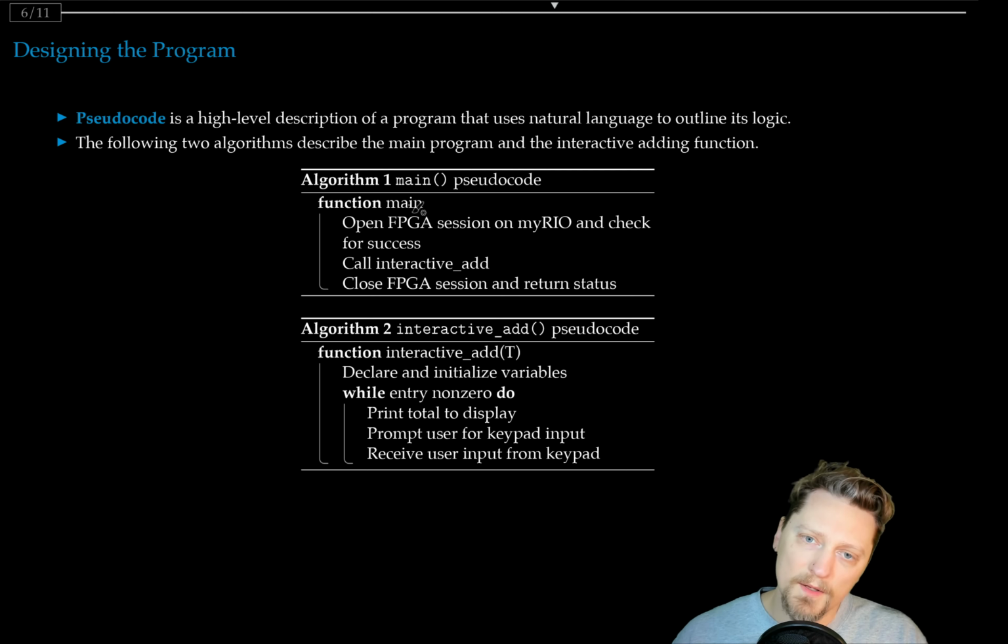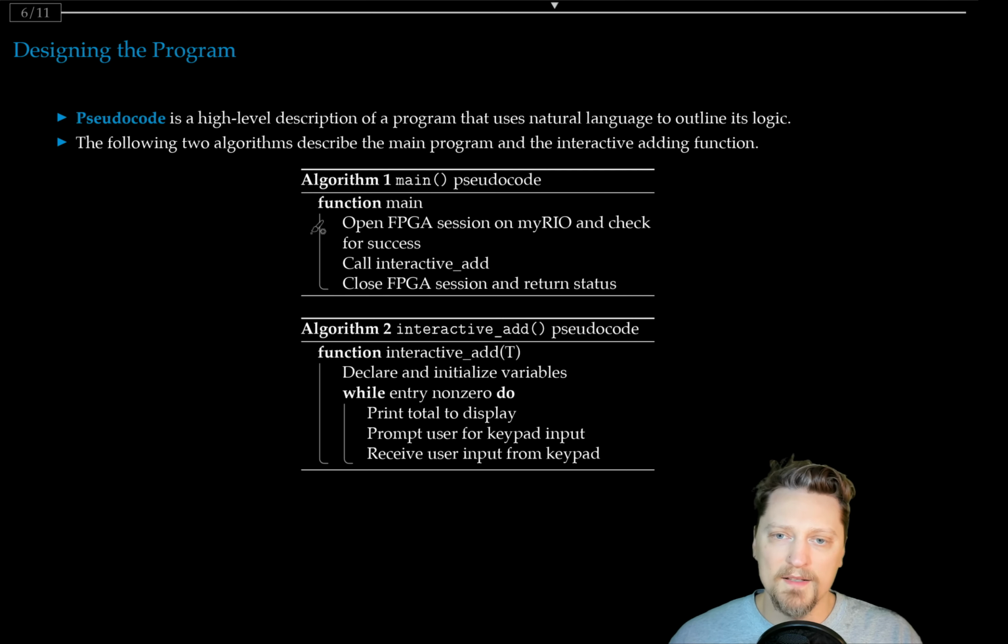So algorithm 1 is the main pseudocode. The main function opens here. We open an FPGA session on the MyRio and check for success. That's the first step in the main function. Then we're going to call another function, the interactive add function.